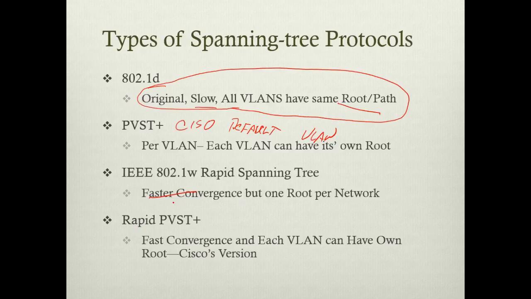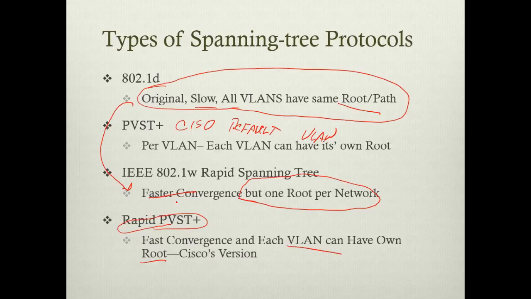Rapid spanning tree has faster convergence, but takes more resources. It is the same as the original spanning tree in that you have one root bridge. Again, Cisco has per-VLAN spanning tree and rapid per-VLAN spanning tree, which means that each VLAN can have its own root.